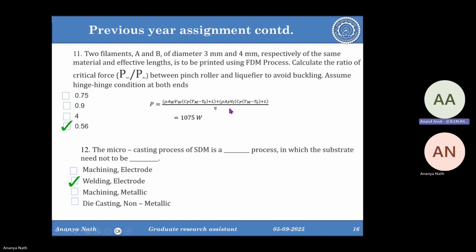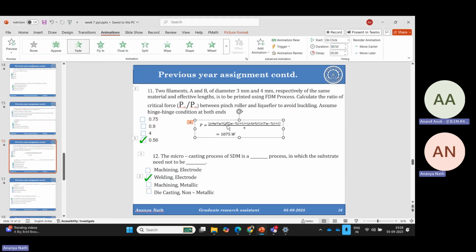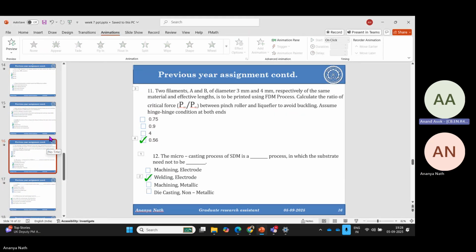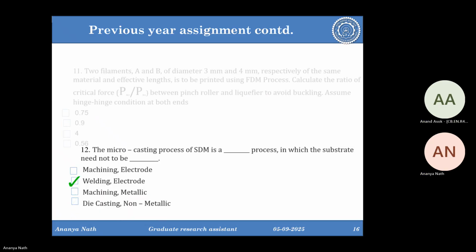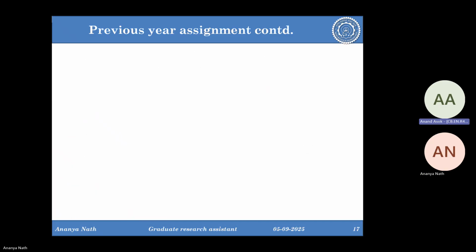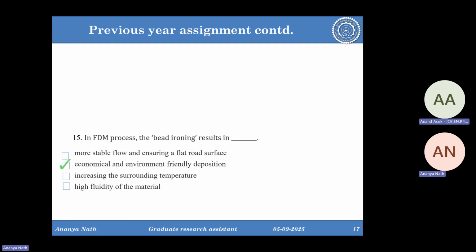Ma'am, will it be the ratio of 3 square by 4 square? Yes, yes. The same formula that we discussed earlier, 3 square by 4 square. Then in FDM process, the bead ironing results in a more stable, flat road surface.